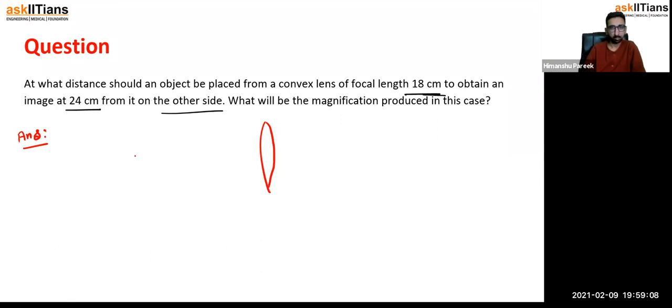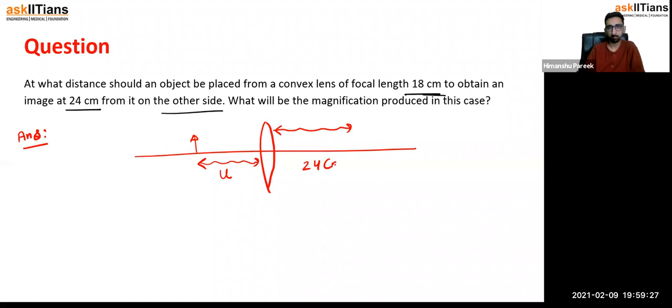And where should we keep the object? We don't know, somewhere here. Let's assume that this is u, and that u would be negative now, right? And where is the image getting formed? The image is getting formed on the other side at 24 centimeter.